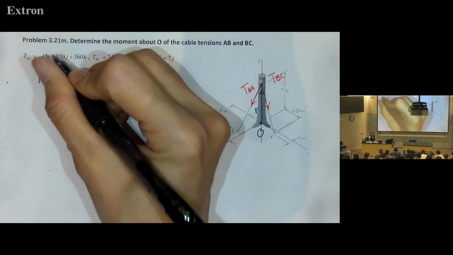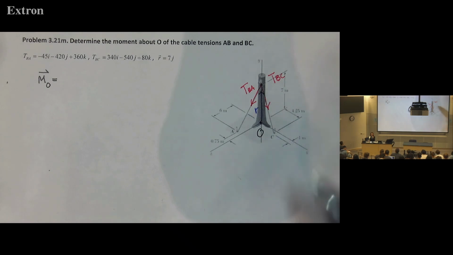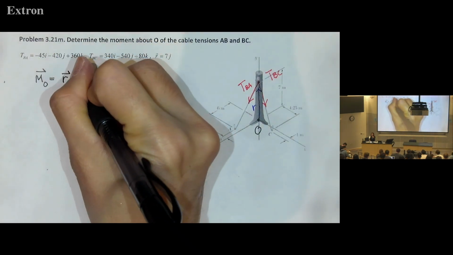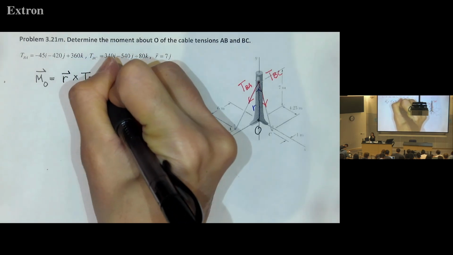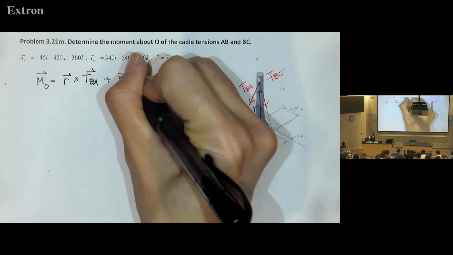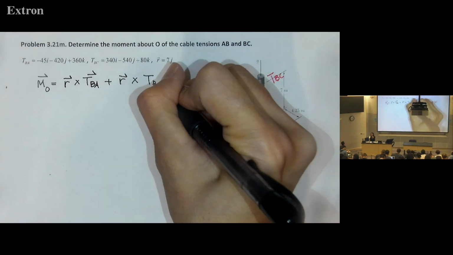So then we have two forces. We can write R cross TBA for the moment from the first cable tension, plus R cross TBC.